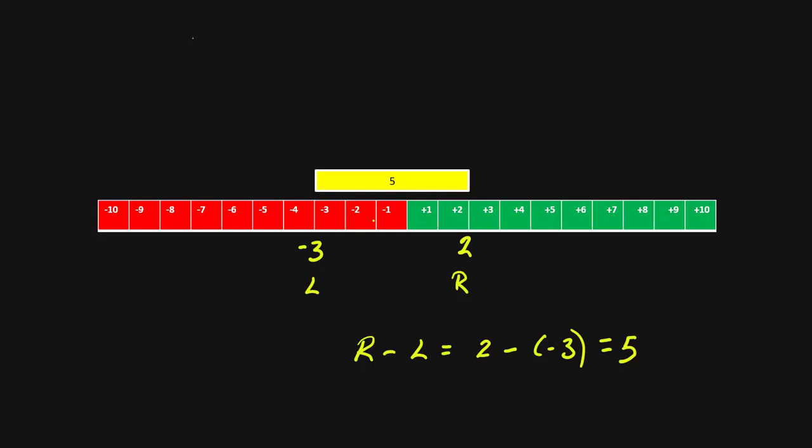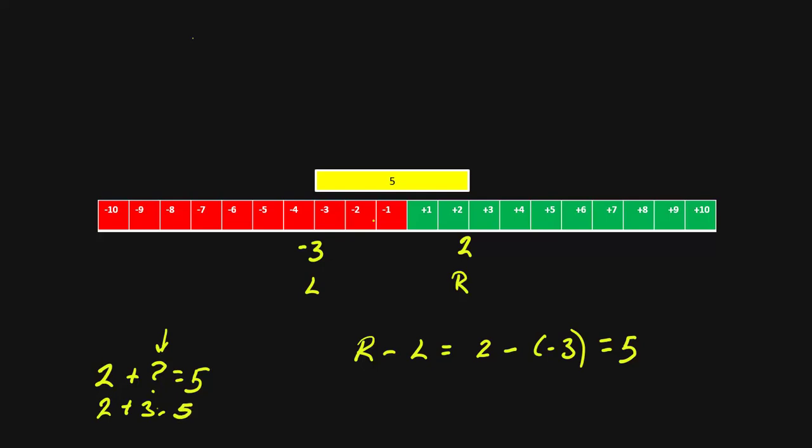Now what we do know is that if we have 2 plus some number equals 5, we know what this number has to be. We know that that's going to be 2 add 3 equals 5.